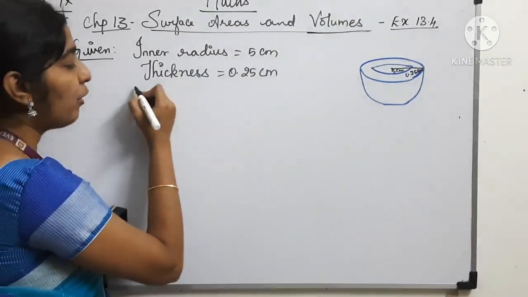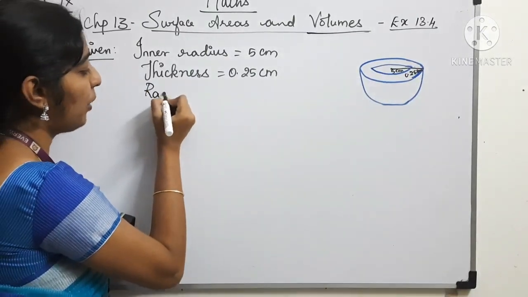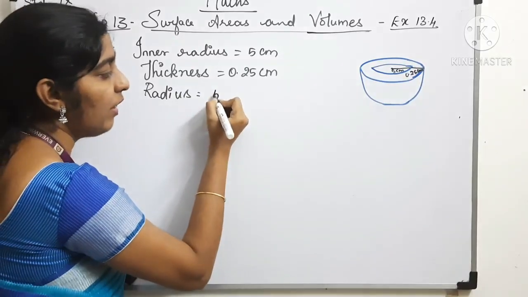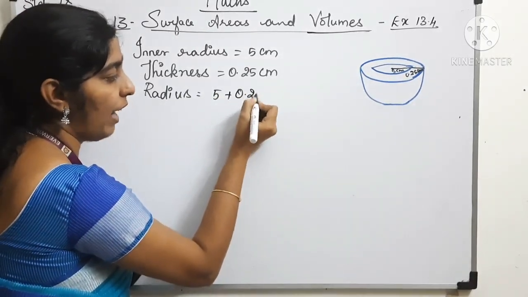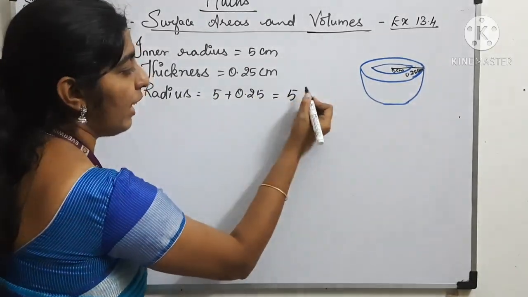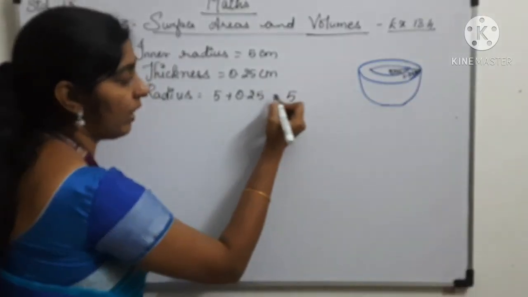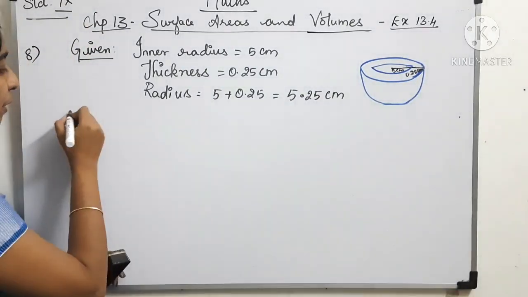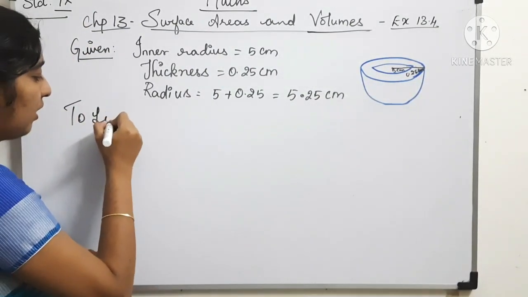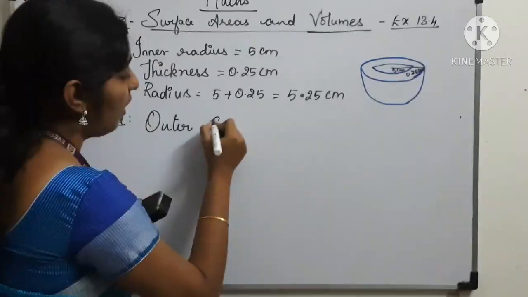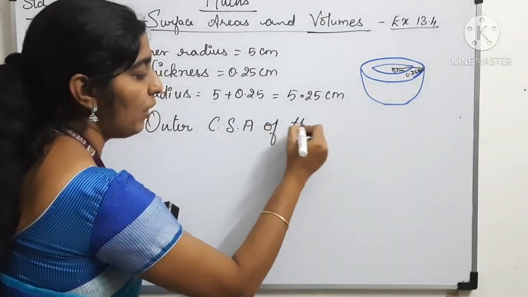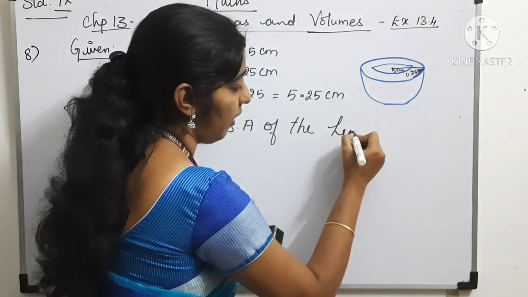Now, we have to find the radius of this hemispherical bowl. Radius is equal to inner radius plus thickness, that is 5 plus 0.25 will give you the radius of this bowl, that is 5.25 centimeter. Now we have to find the curved surface area of the hemispherical bowl.